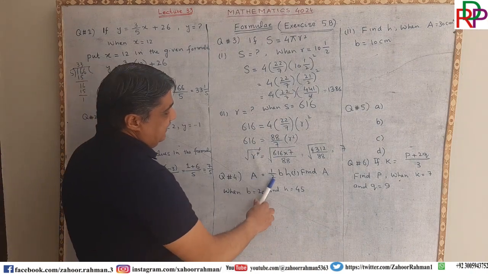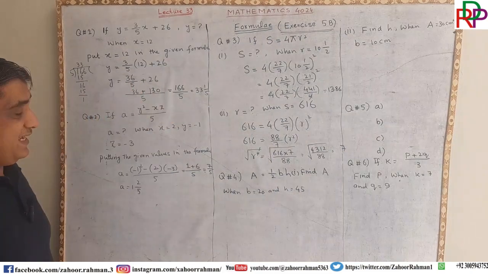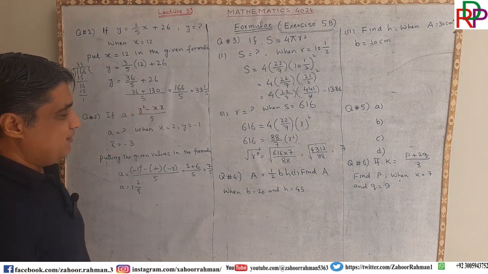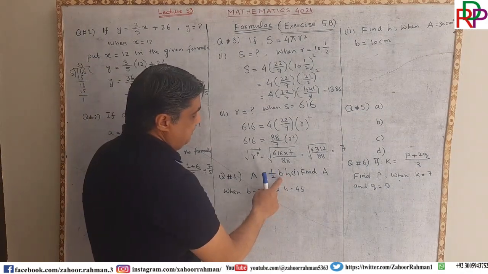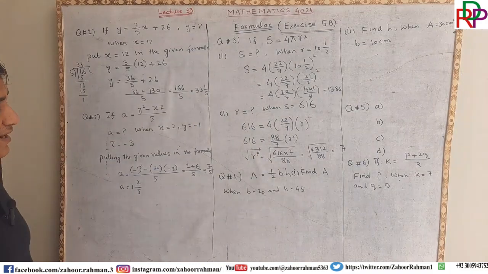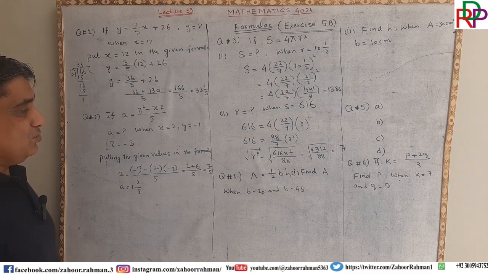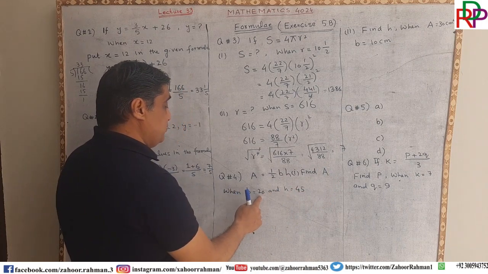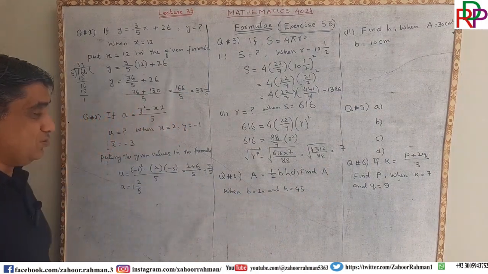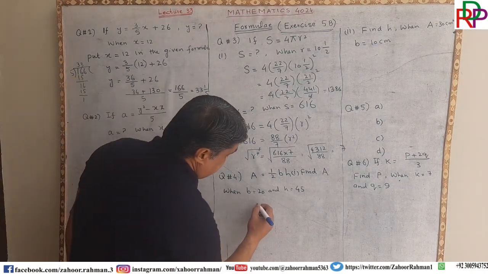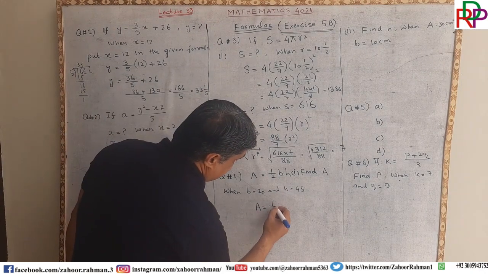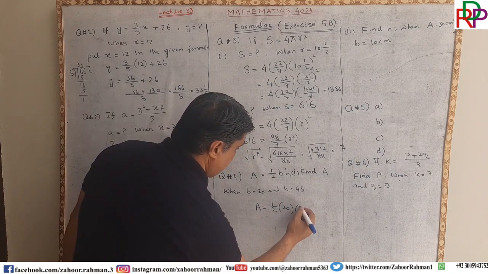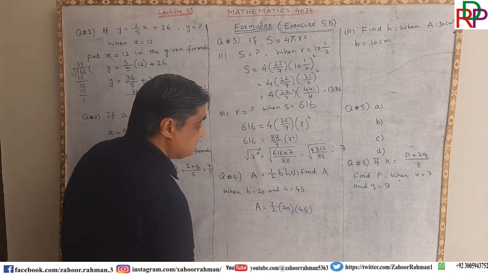Okay, now area of triangle is given as A is equal to 1 over 2 BH, where B is the base and H is the height of triangle. So they are saying find area if B is equal to 20 and H is equal to 45. So in this case, we are writing 1 over 2 into 20 into 45.